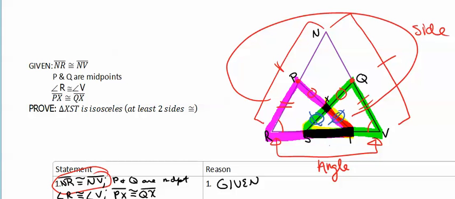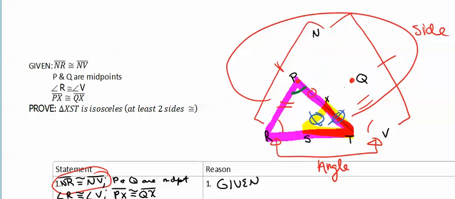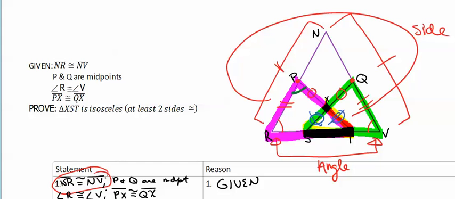So let's look at the angles RPT and SQX. How can we prove those congruent? Well, we notice that they're a part of a supplementary line.